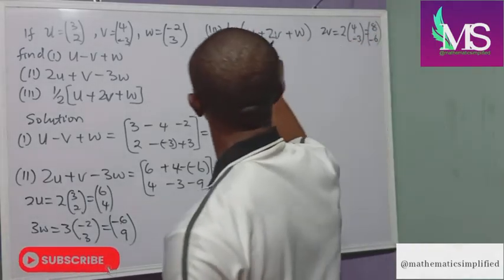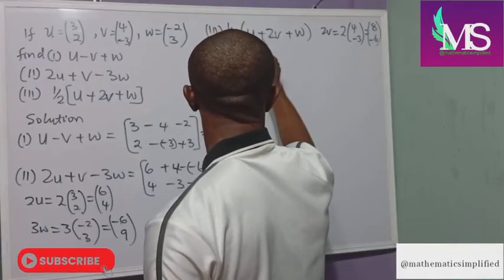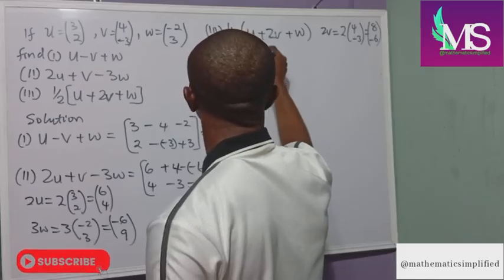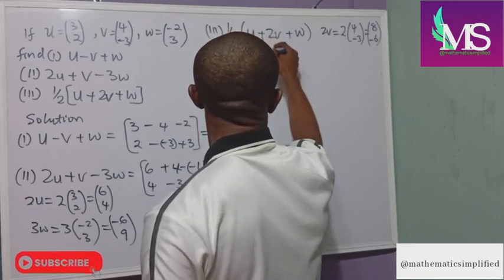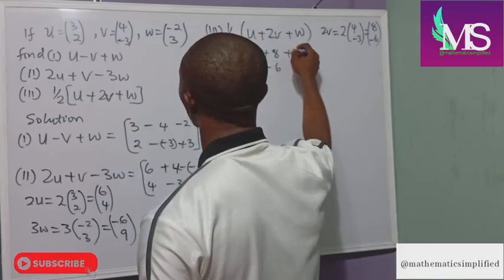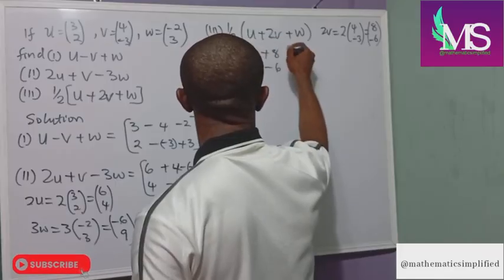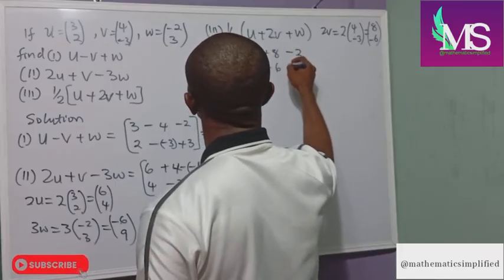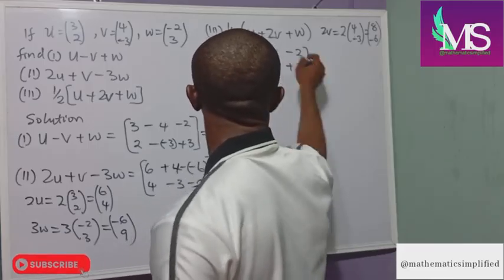Alright, now inputting it here, this becomes half times u, which is (3, 2), plus (8, -6), plus (-2, 3).